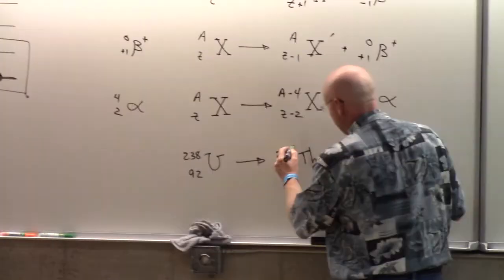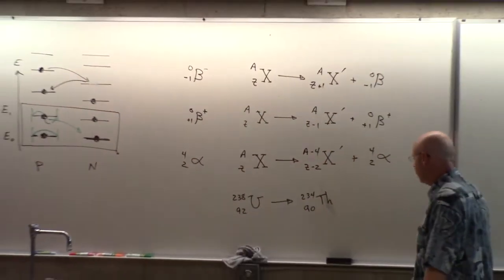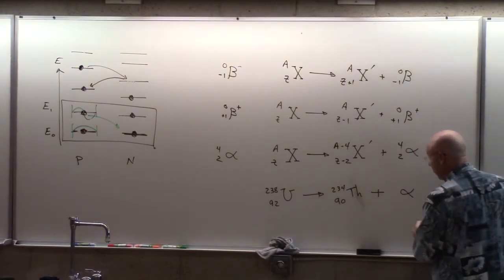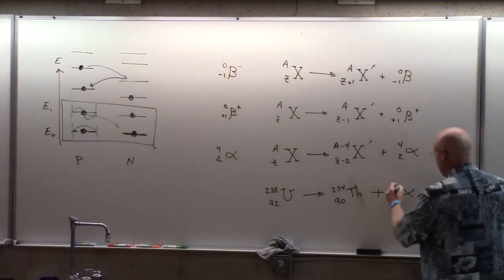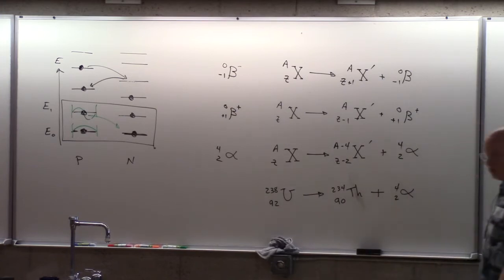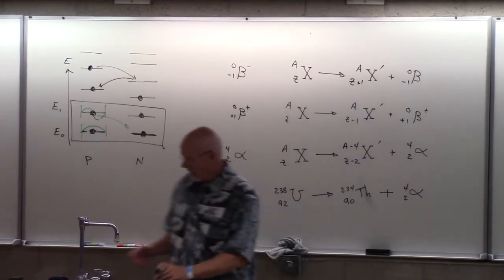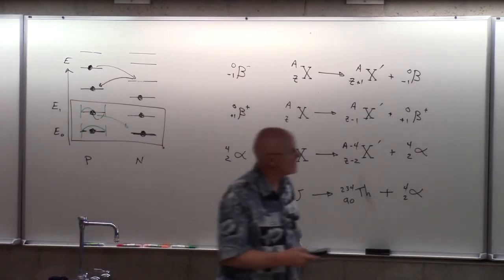And of course, we would be at 234 nucleons. And of course, plus the alpha particle that came shooting out, which is 2 protons and 2 neutrons. And so this would be the decay process, and that's listed here as an alpha decay.